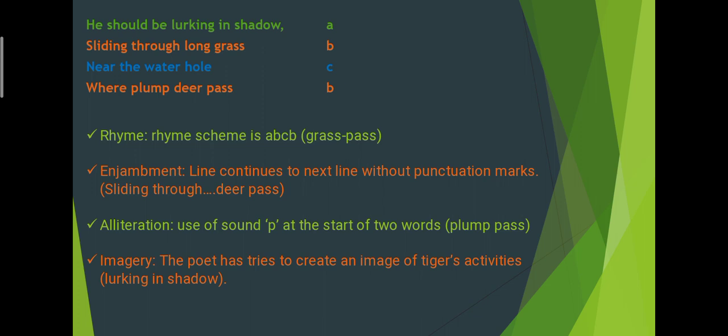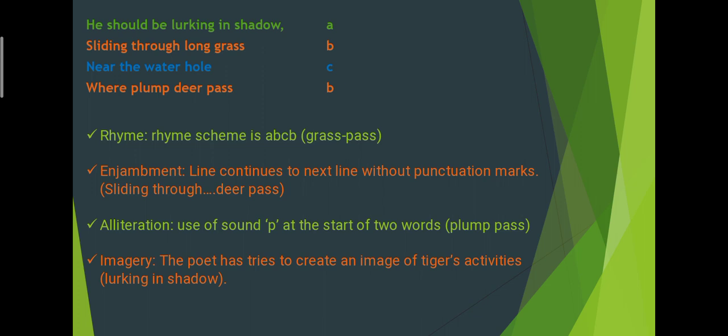When we mention that, we just imagine a tiger sliding in the grass or hiding somewhere, or near the water hole. So these things give us an imagination of how the tiger is there in the forest. These two are the techniques which we used in the previous stanza.